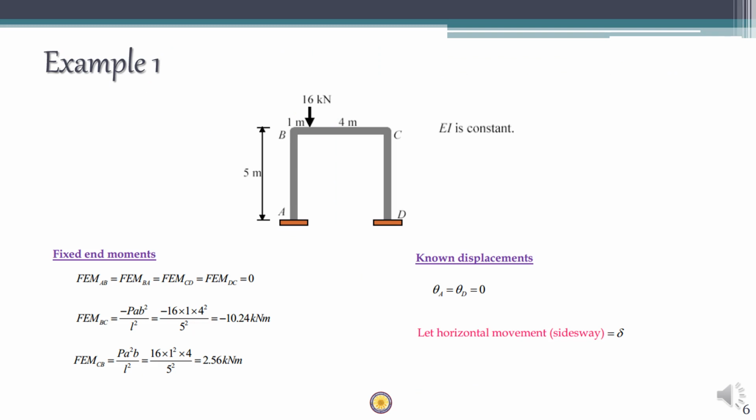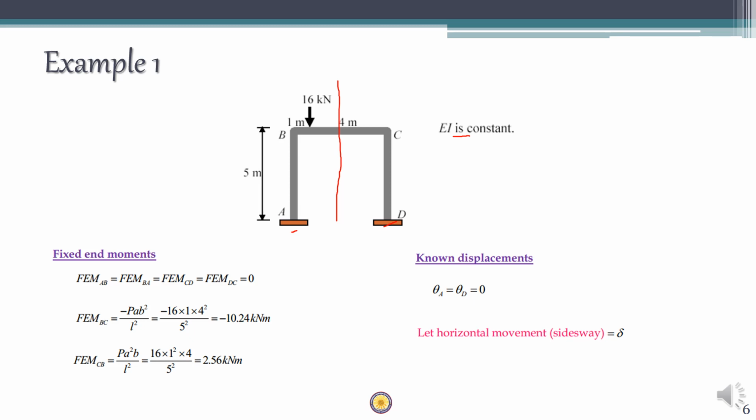So here we have a portal frame ABCD. So if you take about the center line, the problem is symmetric due to support, as well as EI is constant, which means that it is symmetric due to flexural rigidity also.